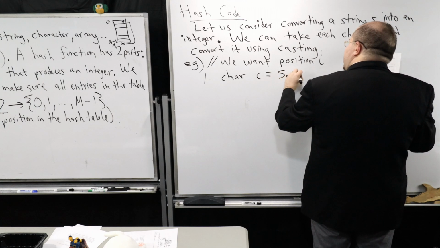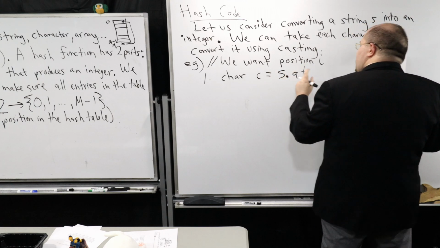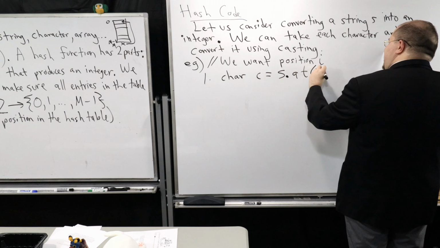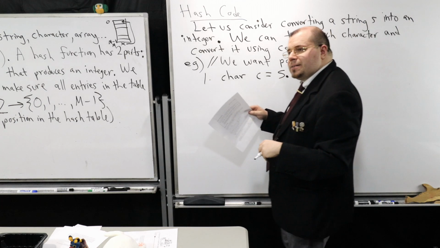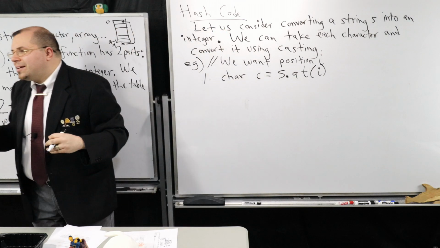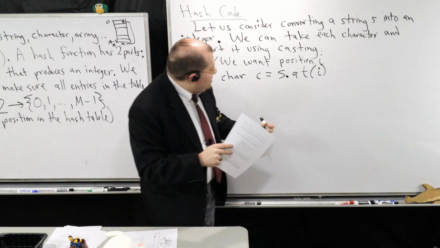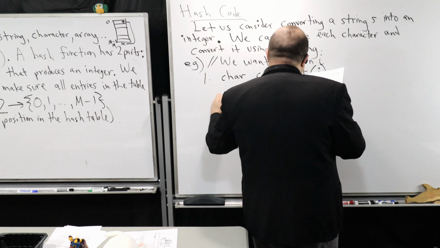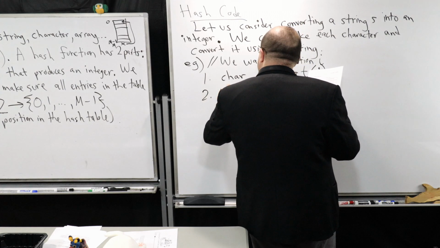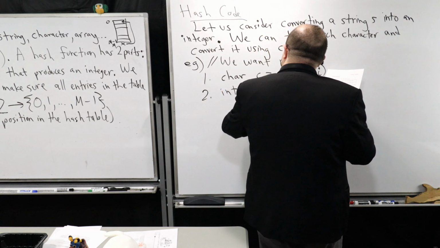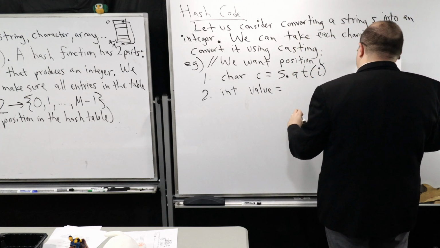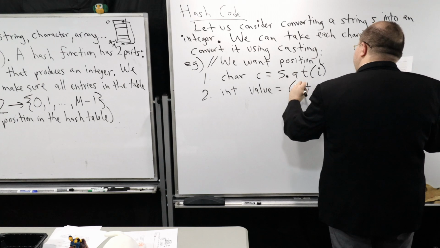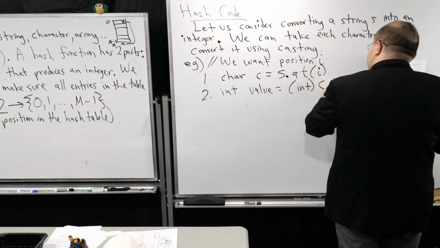I can use the @ function for the string to get the character at that position. Then the second thing I can do is have an int variable, and simply assign the value by casting the character directly.